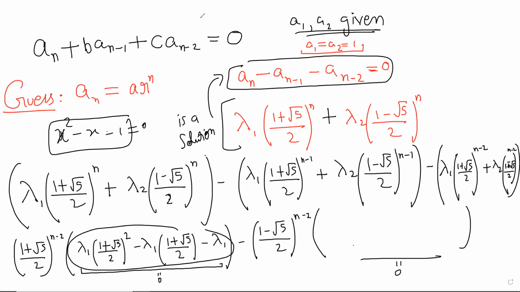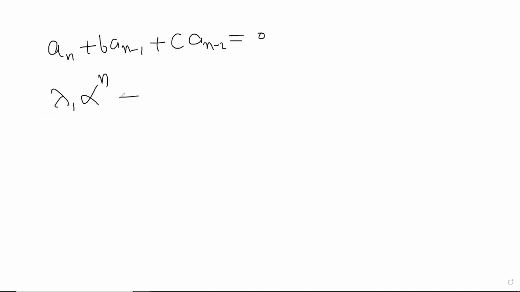So far what we have proved is the following: if you have this equation, then the solution is this sum, power n, where lambda 1 and lambda 2 can be found using A1 and A2.